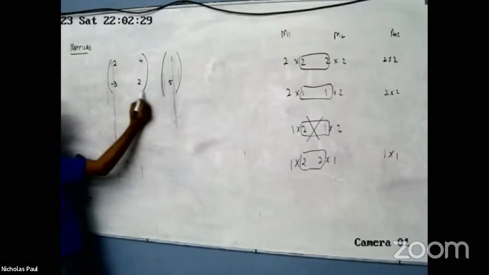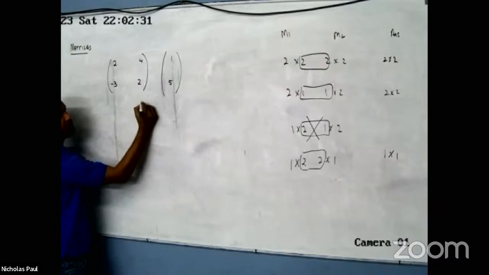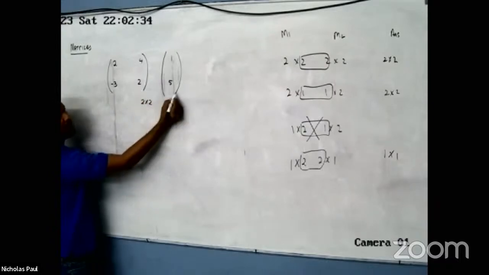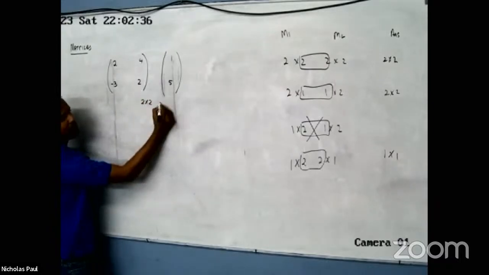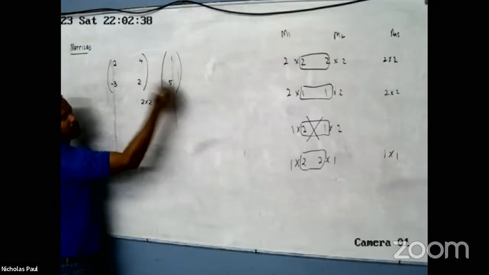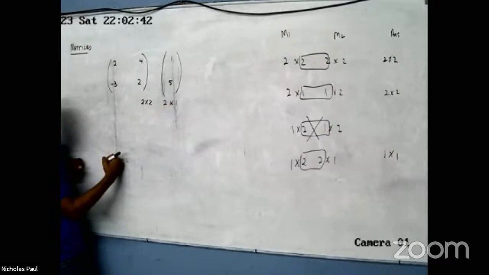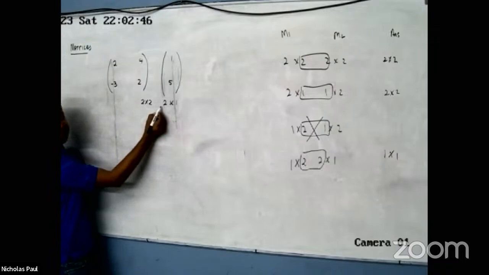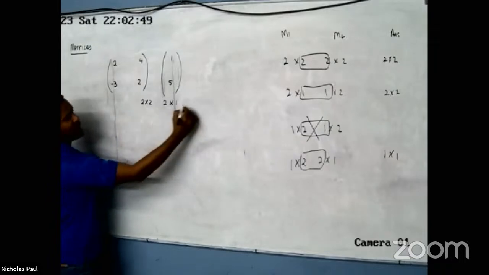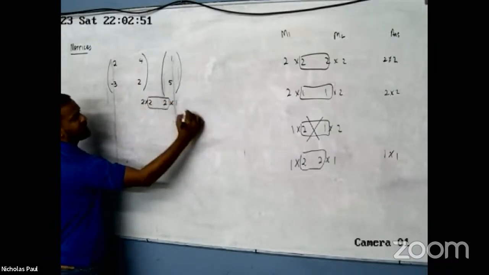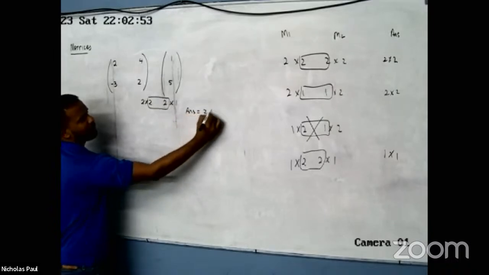What size is this? It's a 2 by 2. What size is this? Right, 2 rows by 1 column. So these values are the same, and the answer is a 2 by 1.